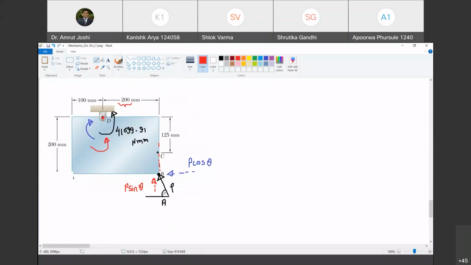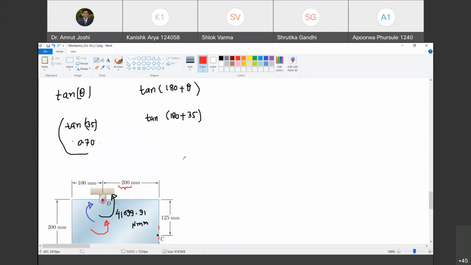Therefore P must be of this nature. Look here, at B, P must act in this way. Then only this angle will be 135 degree. Do you agree with me? Yes, sir. And in addition to that, the value of P has turned out to be negative.